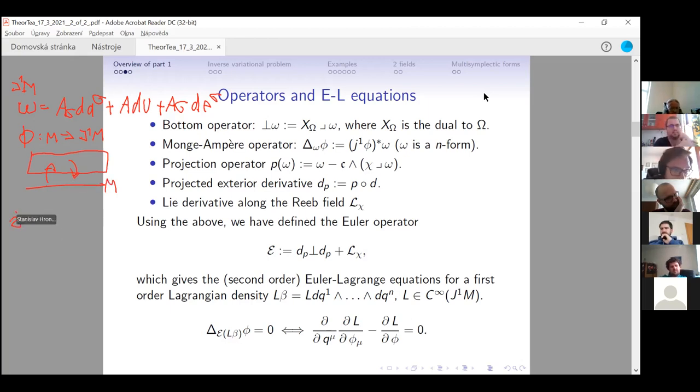So J1 phi star omega would be a form with the same coefficients, but on M. So this thing is invariant under the... this thing would be the same.